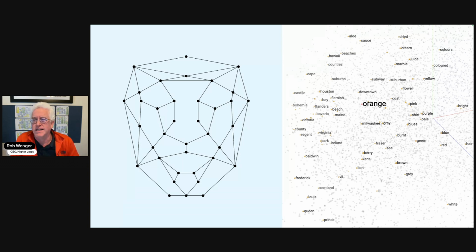So the other illustration here is still very, very much simplified for how it works, but this one is kind of showing a word, orange, that's Higher Logic's logo color, and how it relates to other words in the English language, right? So it's pretty close to downtown, I'm not sure why, Milwaukee, gray, obviously, beach, right?